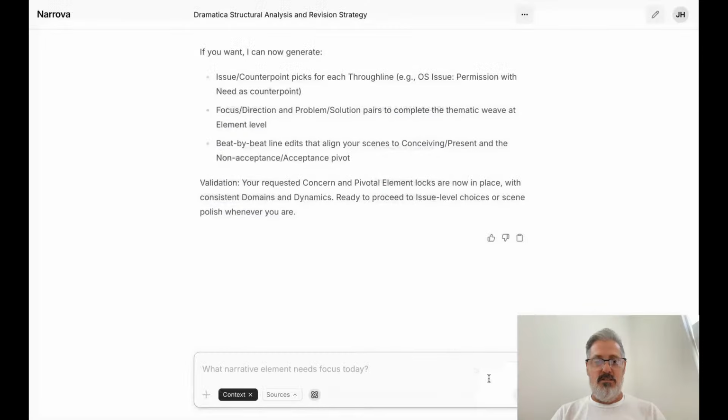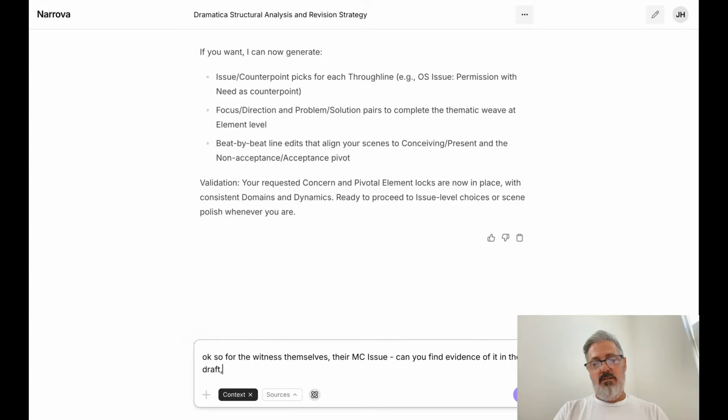All right, so let's see. Okay, so for the witness themselves, their MC issue, can you find evidence of it in the draft in each act? And if not, make suggestions on how I could improve that.